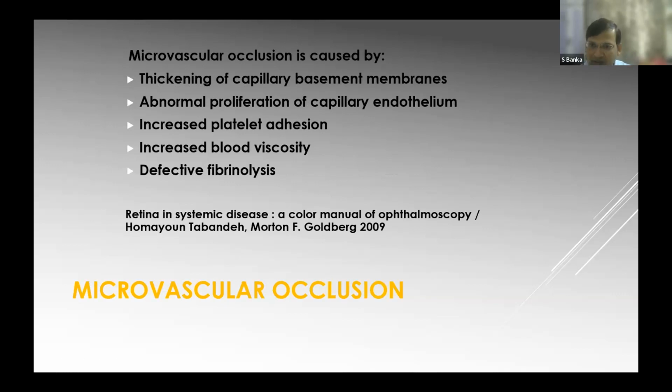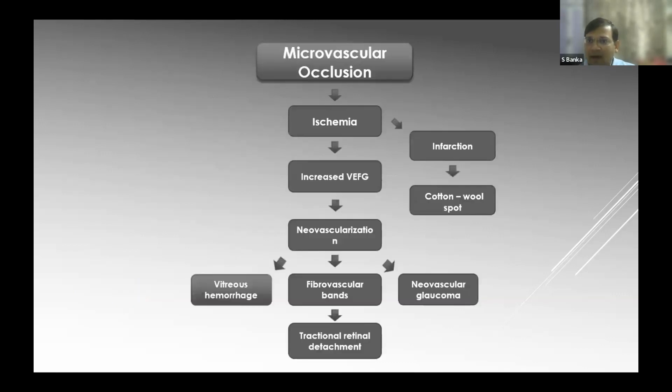Once platelet adhesion is increased, that causes the microvascular occlusion. And this microvascular occlusion causes ischemia and infarction of the retinal nerve fiber layer, causing cotton wool spots, which are known as soft exudates. And this ischemia also causes increased expression of the vascular endothelial growth factor.